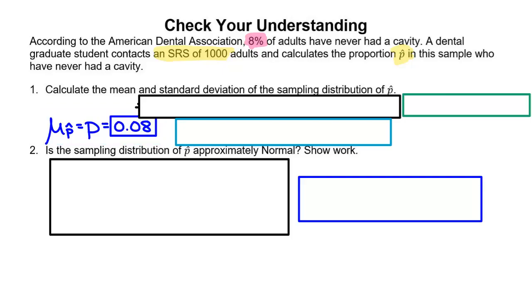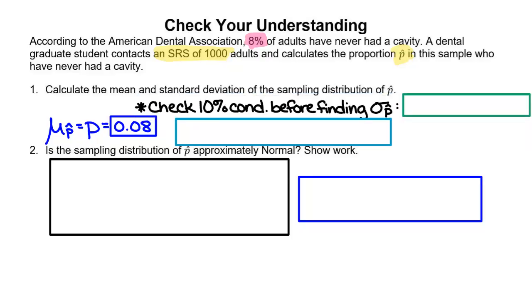Whatever P is, that is the mean of P hat. Before you can actually do the standard deviation calculation, what do you have to do?